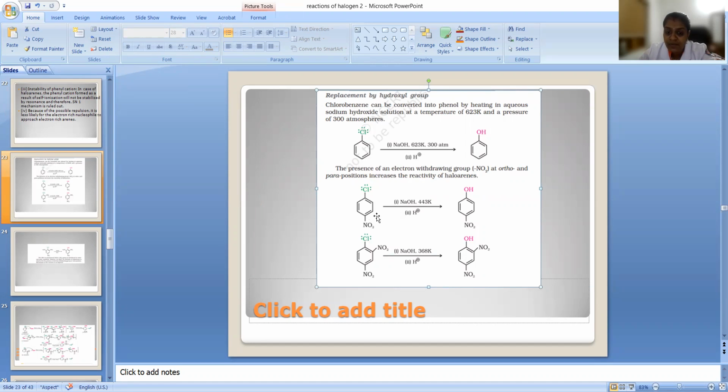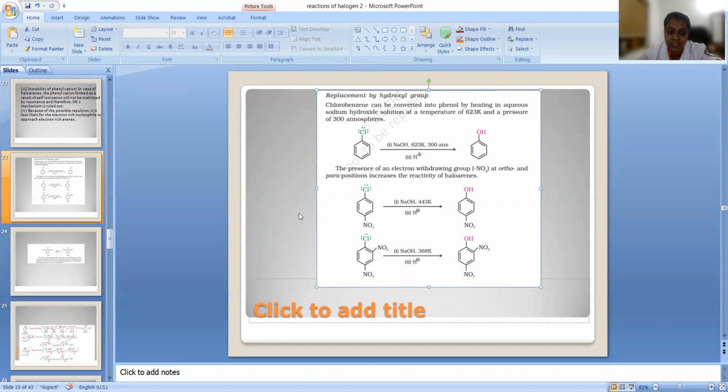So if you put NO2 here, you don't need conditions like 623 Kelvin. You need only 443 Kelvin for this reaction. If you put 2, the condition decreases again; you only need 368 Kelvin. That is the ortho and para position.